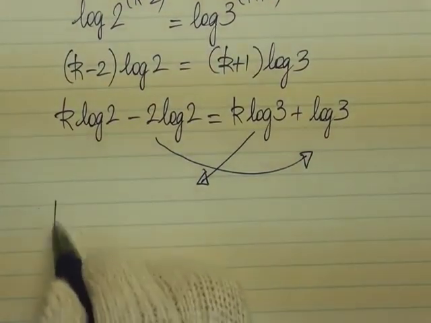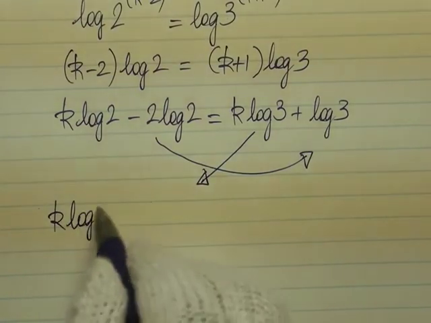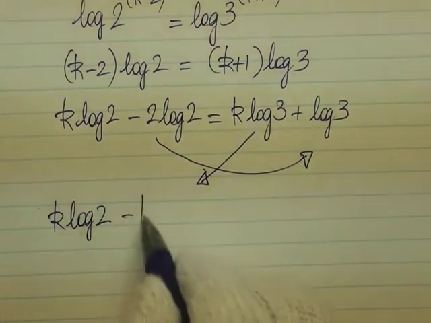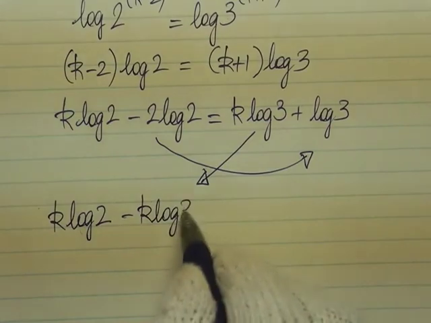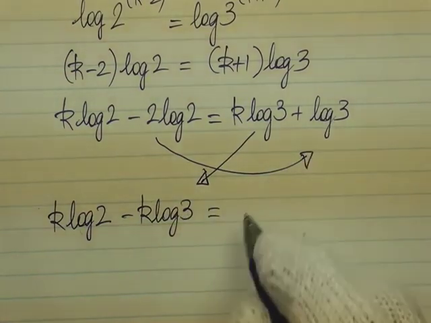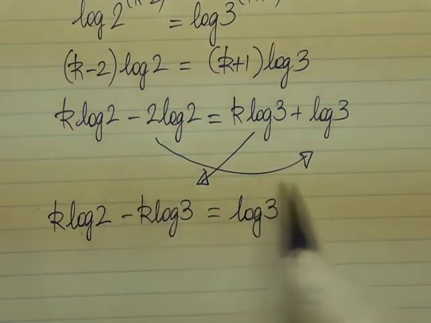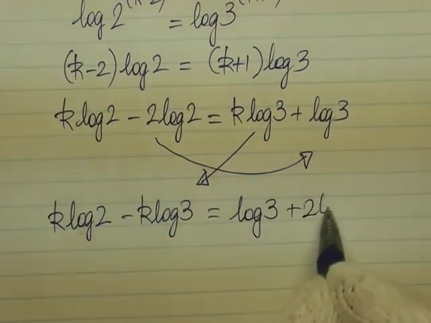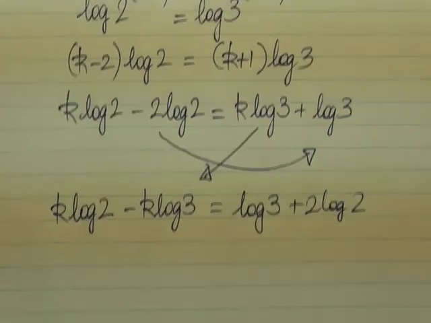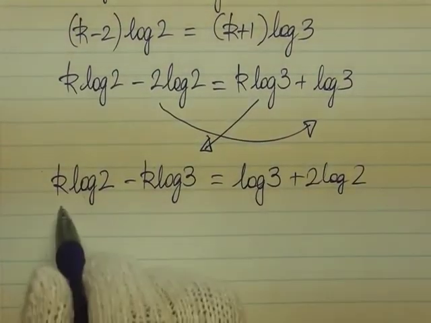It's going to give me k log 2 minus k log 3 equals log 3 plus 2 log 2. Factor out your k.